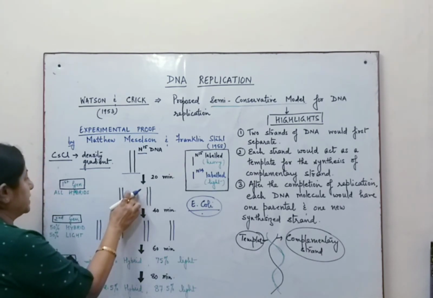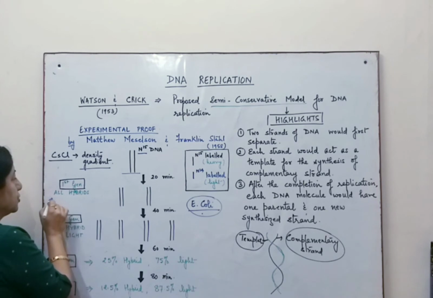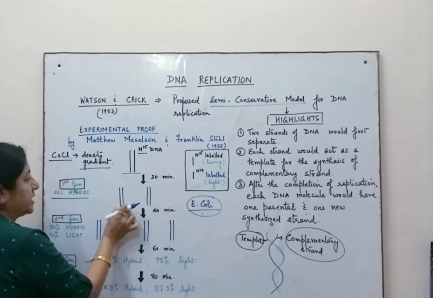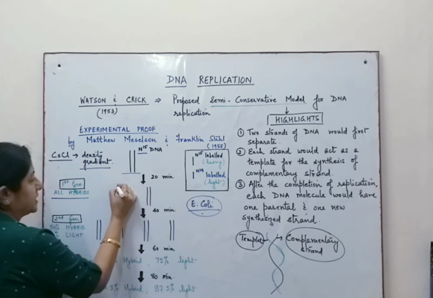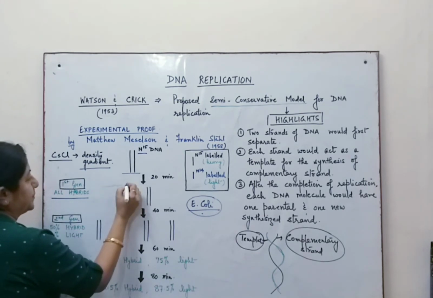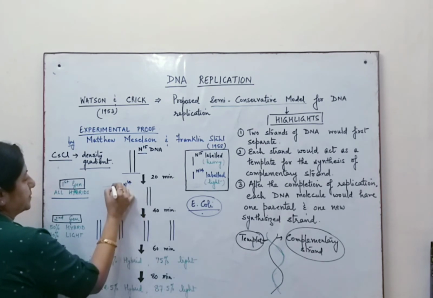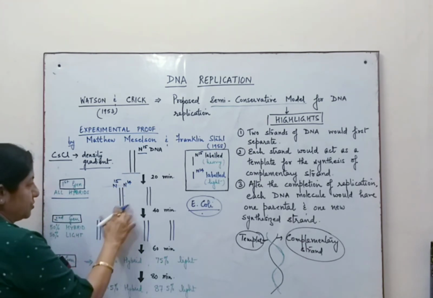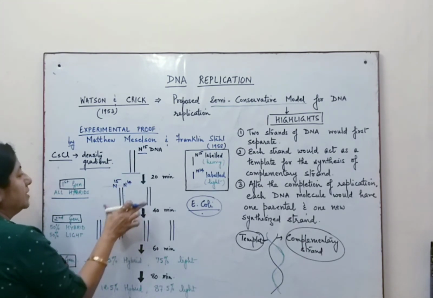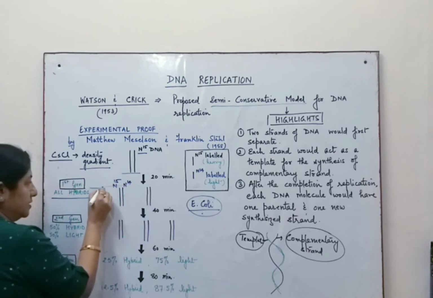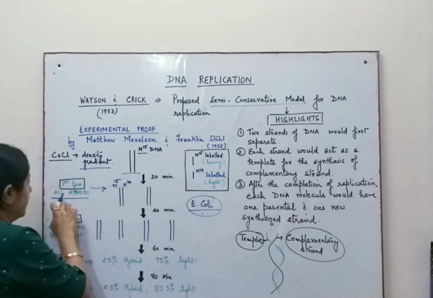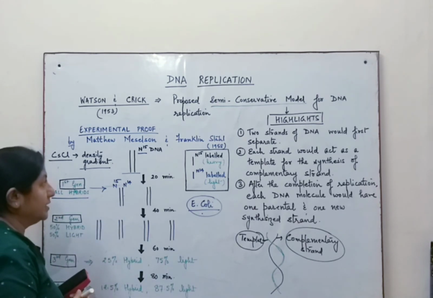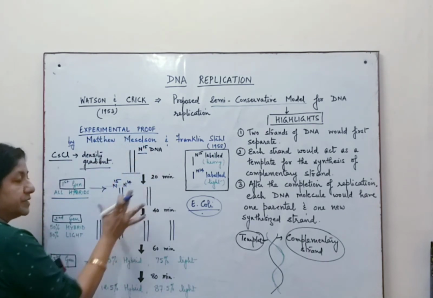So after 20 minutes, the first generation showed all hybrid DNA, one heavy and one lighter strand, that is one N15 and one N14, were present. It is a depiction only. So all the DNA had a hybrid formation.